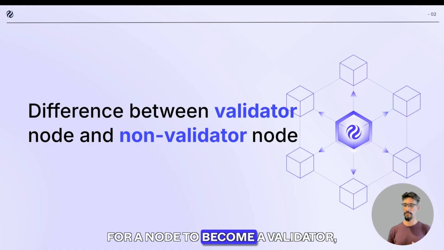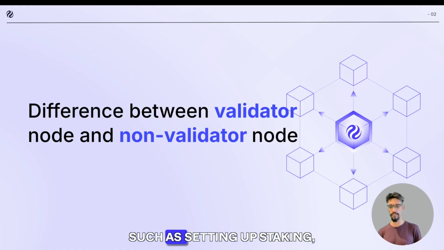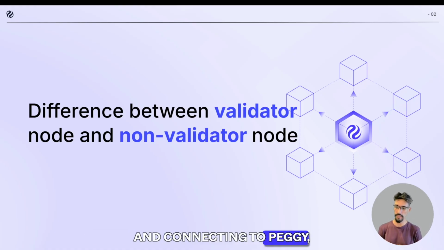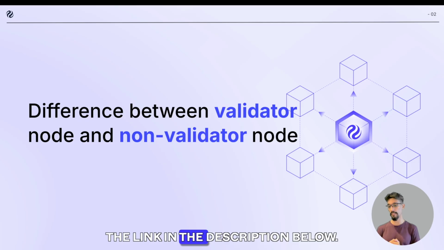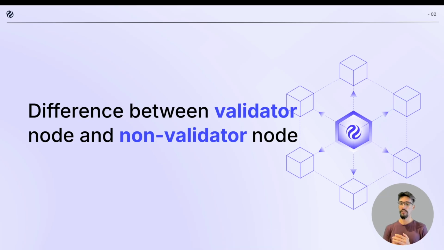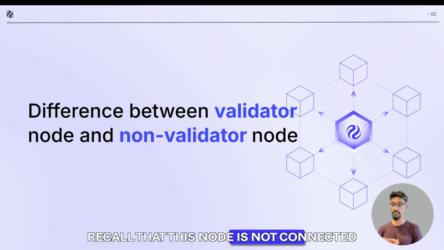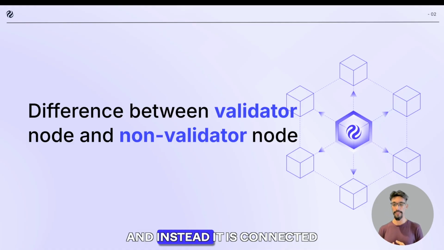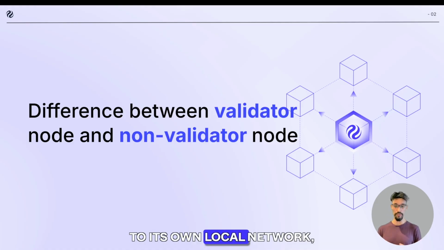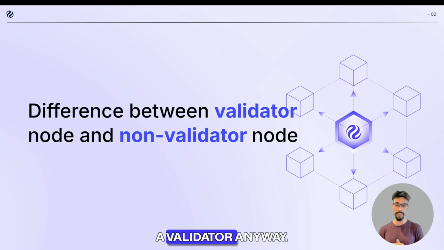For a node to become a validator, there are several more steps involved, such as setting up staking and connecting to Peggy, which is a bridge. We won't be doing all of those steps today, but do check out the detailed docs using the link in the description below. Also, recall that this node is not connected to a public network, neither mainnet nor testnet, and instead it is connected to its own local network. So there isn't any point in being a validator anyway.